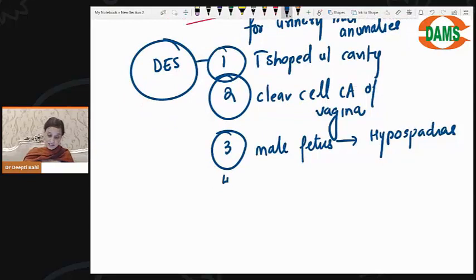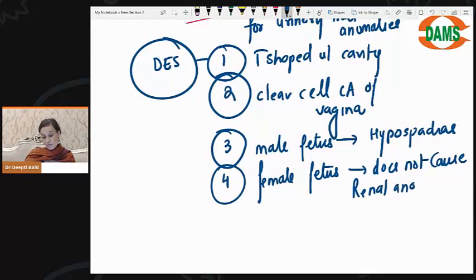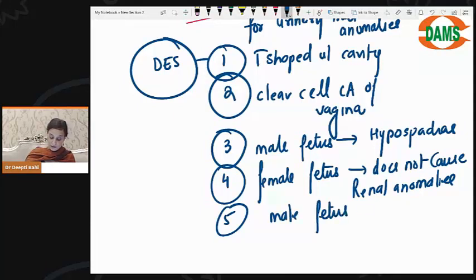Listen to me very carefully. These are all MCQs. If it is a female fetus, DES does not cause renal anomalies. But if it is a male baby, DES will also cause renal anomalies.